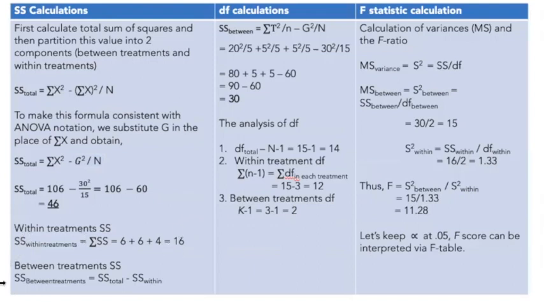And then you have SS between treatment, that is sum of squares for between treatments. So sum of squares for between treatments is sum of squares total minus sum of squares within.